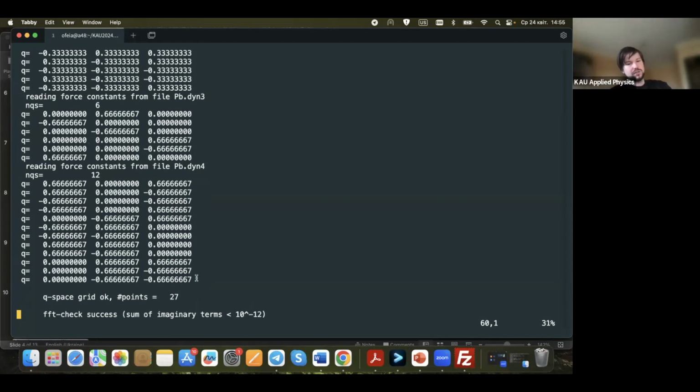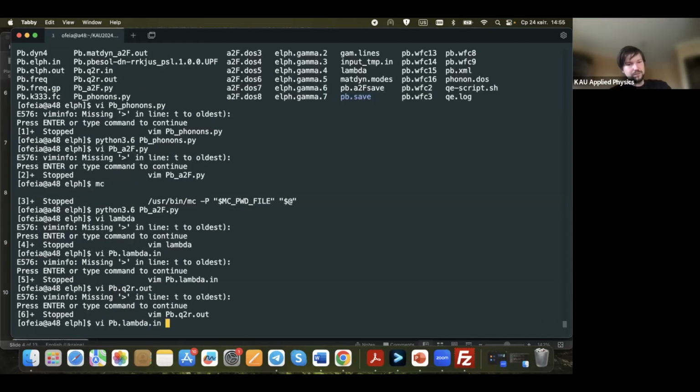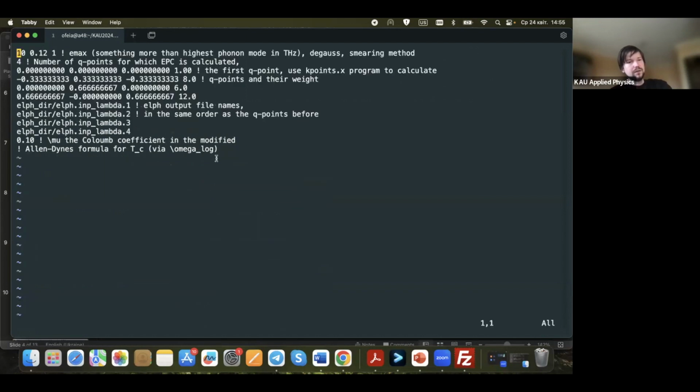Together 27. So this is just our Q points. Here is the path to where our lambda output is. So the ELF output file names are in the same order as the Q points before, with each broadening for each lambda.